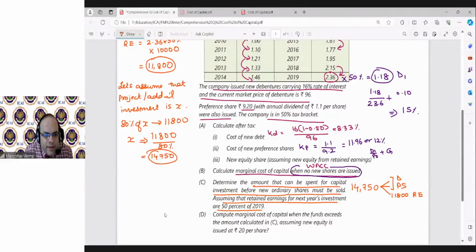So can I say beyond 14,750, my cost of equity will increase, hence WACC will increase? Yes or no? Do you guys agree on this? Beyond 14,750, the cost of equity will increase and WACC will increase.